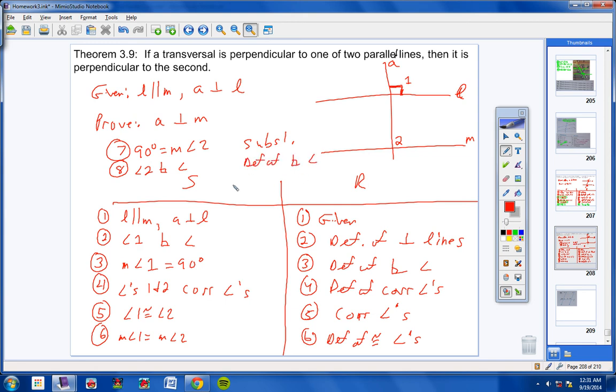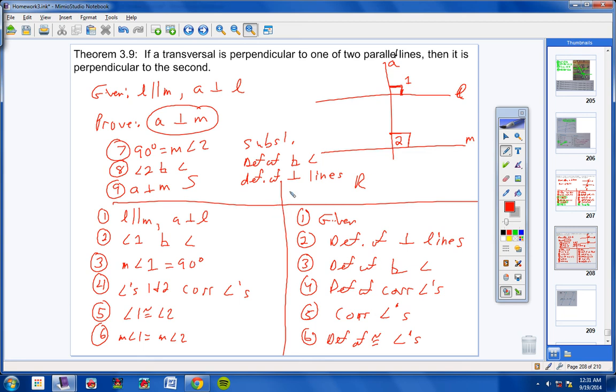Now that I've finally stated that angle 2 is a right angle, I can state that A is perpendicular to M, which is what I was trying to prove. And the reason would be definition of perpendicular lines, because if two lines intersect to form a right angle, then they're perpendicular. Okay, so there we go.